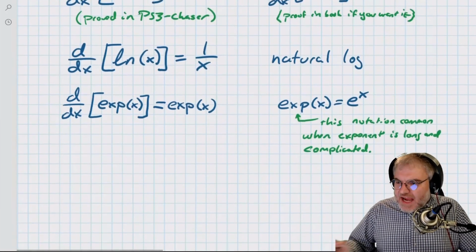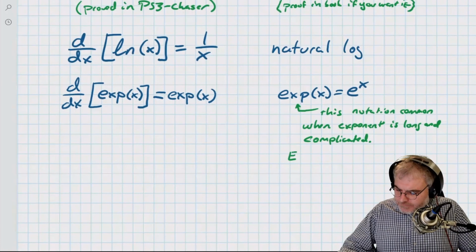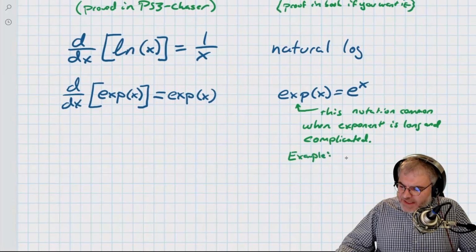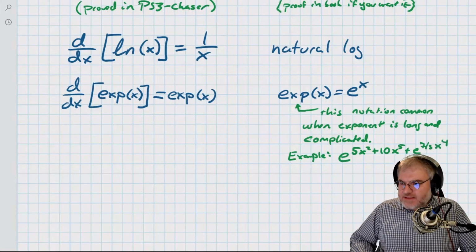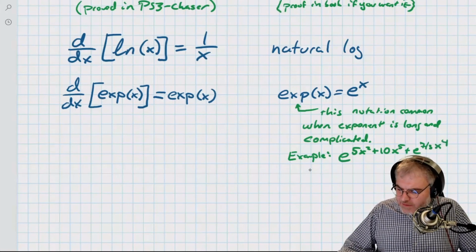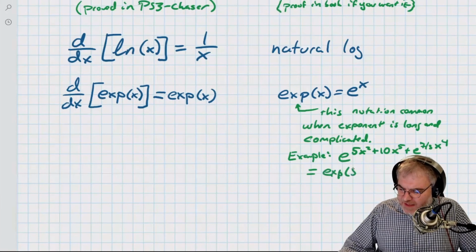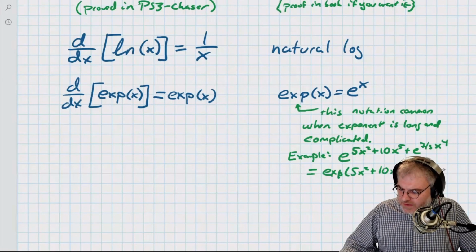So, for example, if I have e to the 5x squared plus 10x to the 5th plus e to the 7/3 x to the 4th and stuff like this, what I'm going to write is exp of 5x squared plus 10x to the 5th plus, and then I'm going to do exp again, exp of 7/3 x to the 4th.